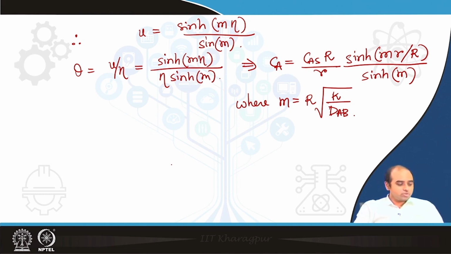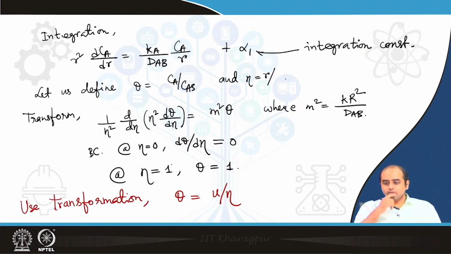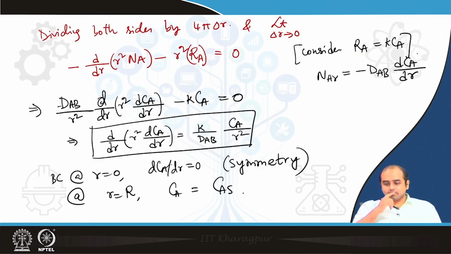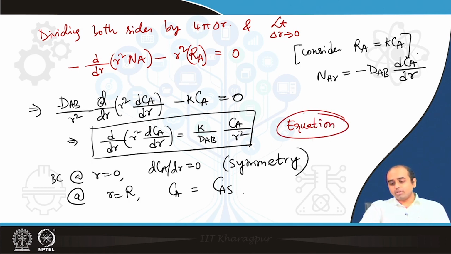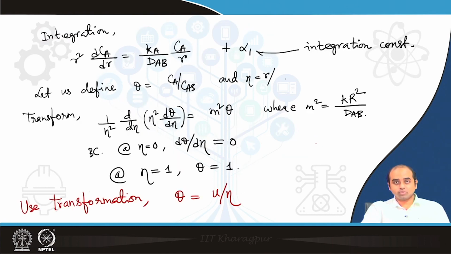I would also like to draw your attention to one fact about this equation here, right. I want you to think deeply about what is the type of this equation, or what class of equations it belongs to.